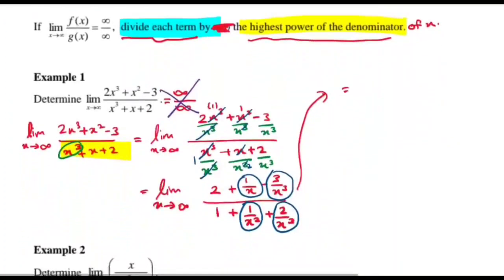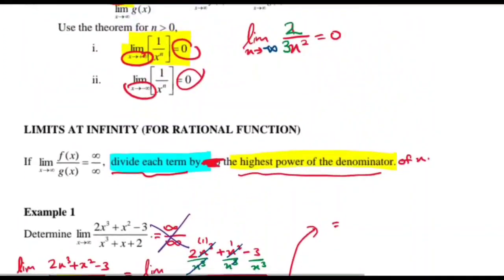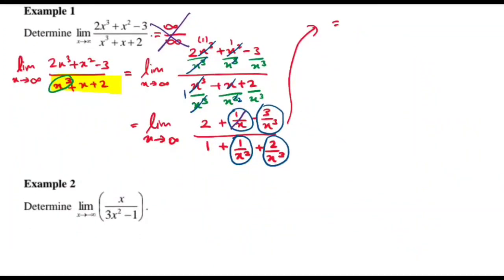So, in example 1, when we see 1 over x, minus 3 over x power 3, 1 over x squared, and 2 over x power 3, this means that we can use the theorem and simply let it equal 0. So this will go, and this will go, all of that will go.